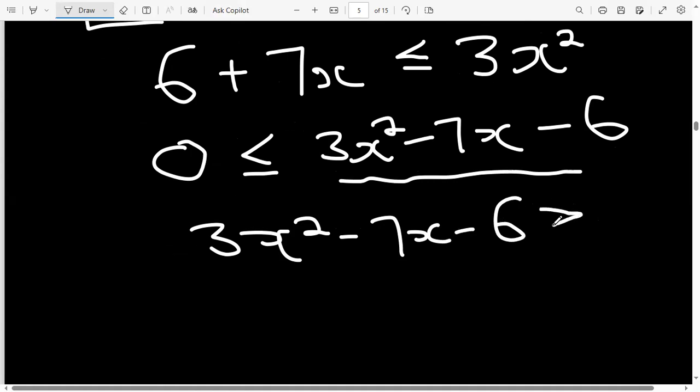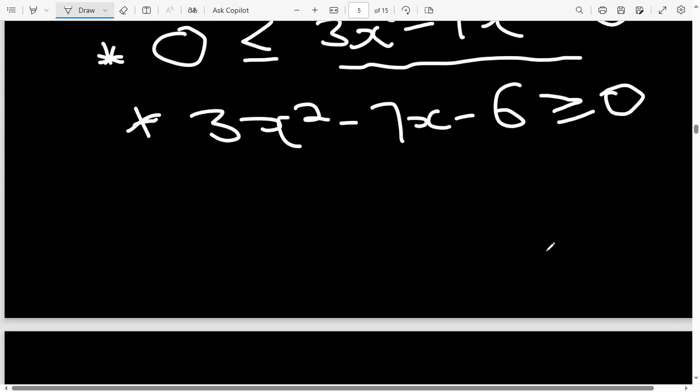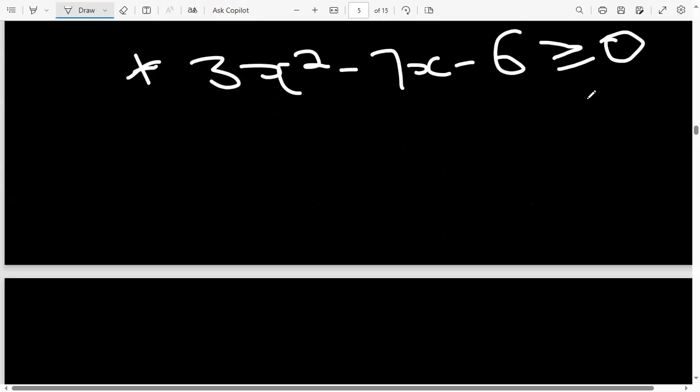I can start with the expression and say this whole expression is greater than or equal to 0. I've not changed anything, I've just started with the expression and then the sign. Just be careful with the signs here, because the part that is greater should be written first. From here we have a quadratic inequality.